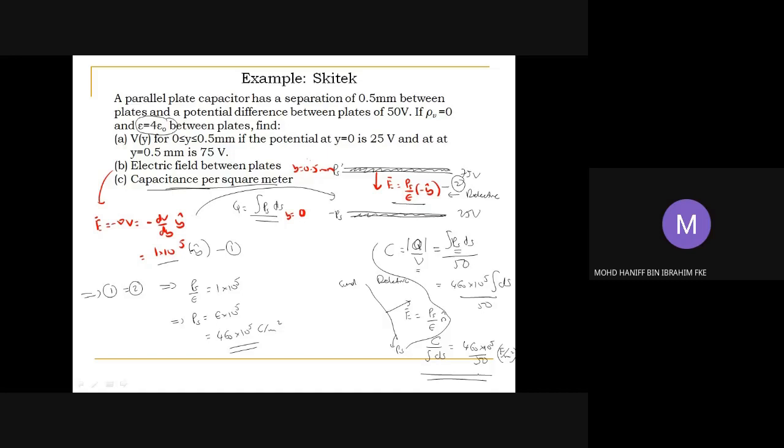Okay, is that clear on this capacitance calculation? The idea is to be based on what we have learned in the previous chapters. That's why I mentioned so many times in EMT that the things that we have learned will be used again and again.